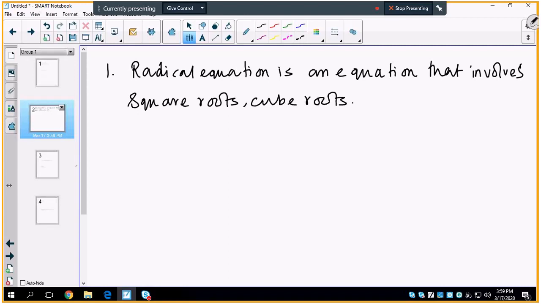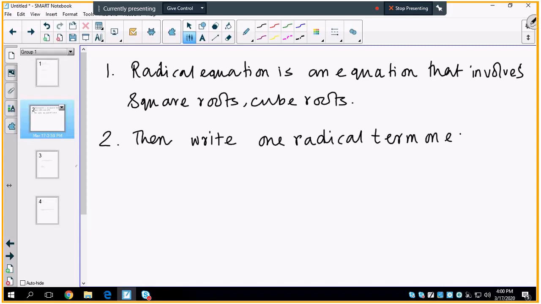If you have more than one square root or cube root present in one radical equation, then write one radical term on each side of the equation.